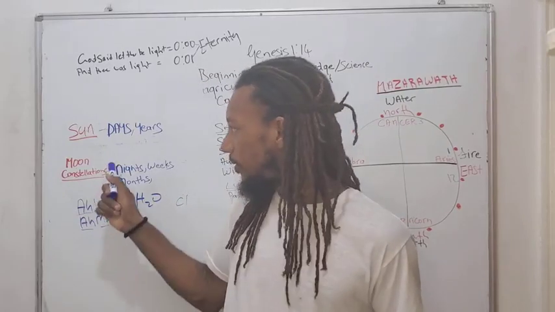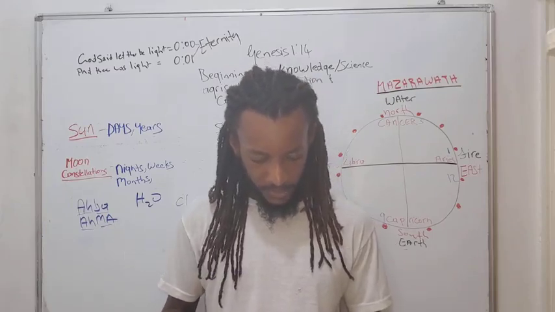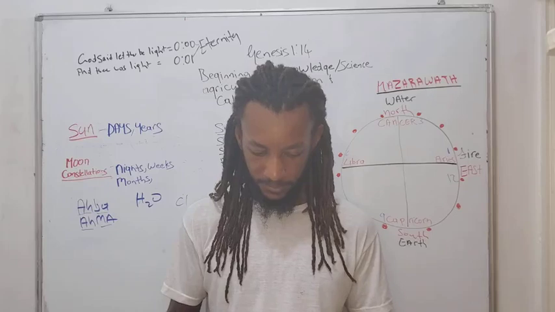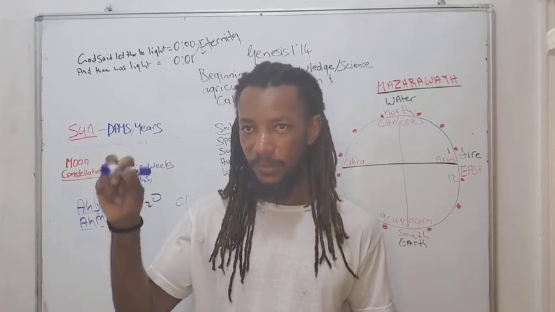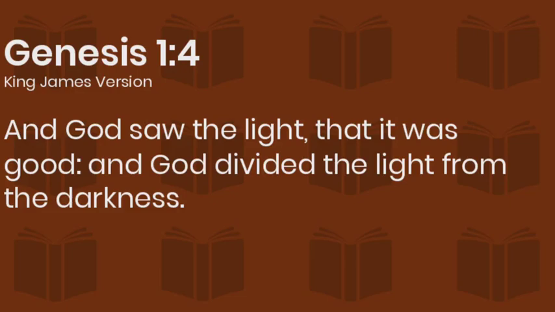So we're dealing with days. Genesis chapter 1 and verse 3. It says, "And God said, let there be light, and there was light." So the subject matter is light. "And God saw the light, that it was good, and God divided the light from the darkness."